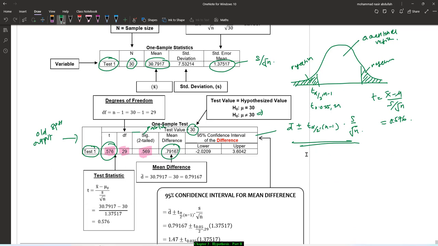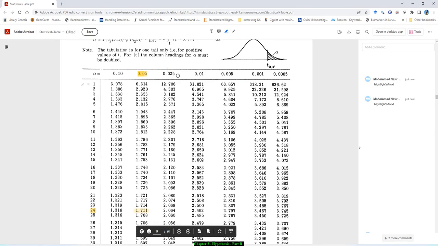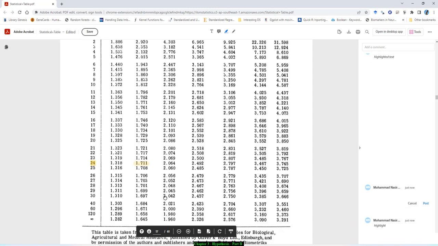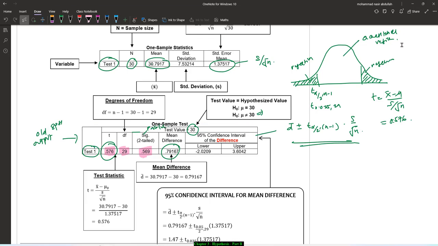Then we look into a statistical table. 0.05, 29 should be 2.045. So this is negative 2.045 and this is 2.045.